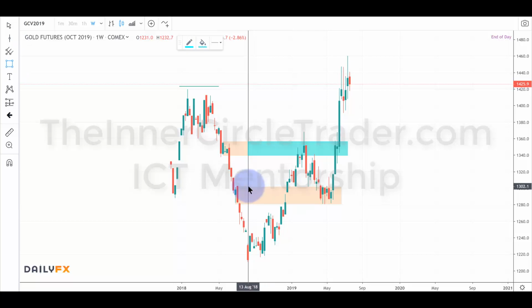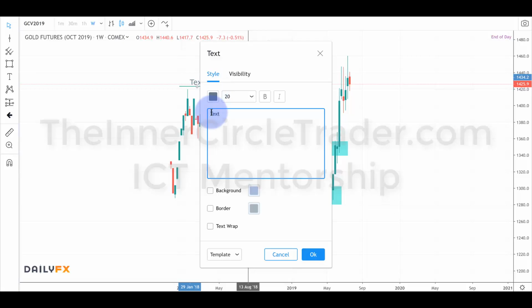So there's no ambiguity, there's no guessing, there's no "what supply and demand zones do I look at?" Because it's not supply and demand zones that we're working with. We're looking at specific criteria relative to a model of accumulation and distribution. It goes without saying that the point of equal highs up here is our buy side liquidity.